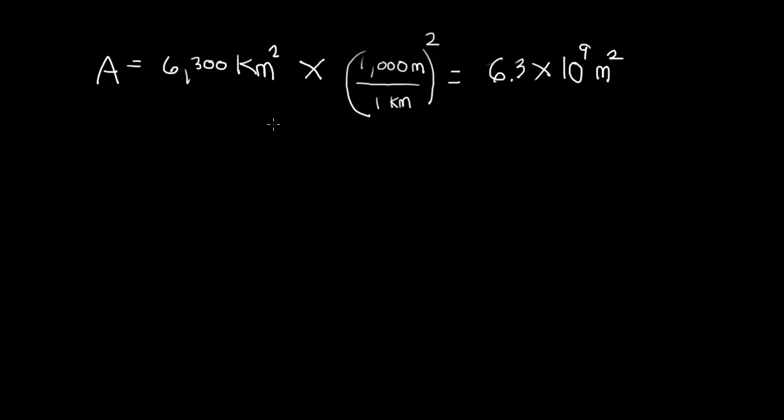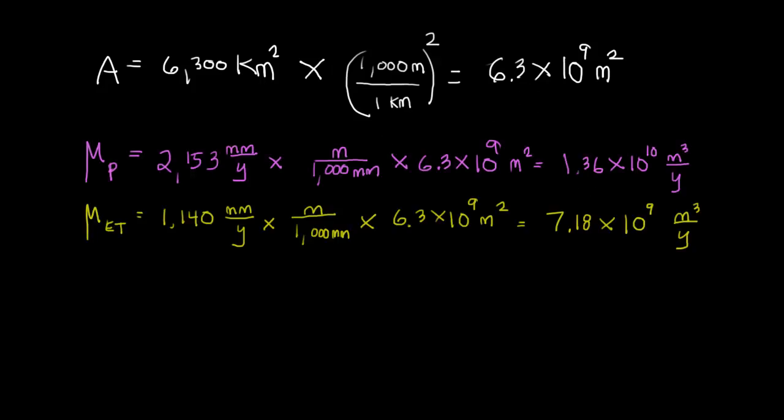And now we're going to actually calculate the volume per time of precipitation and evapotranspiration by multiplying the rates times this area. There you have the two calculations. Notice once again, as always, that the units are going to cancel, leaving us with meters cubed per year in both cases, right? So millimeters cancel millimeters.